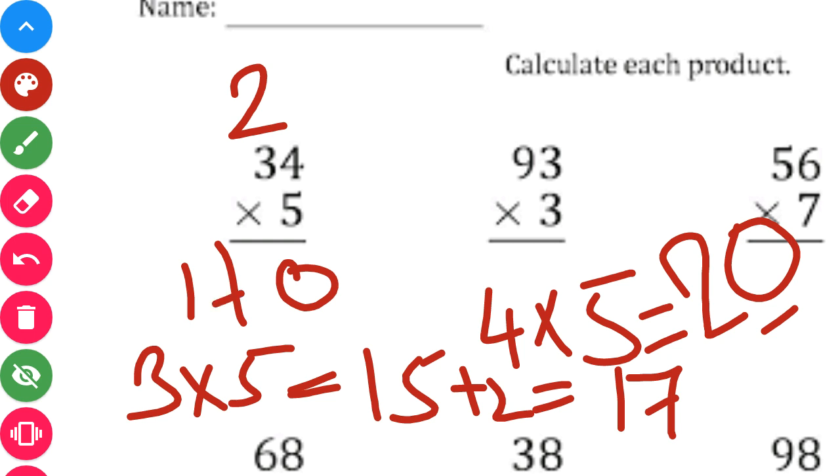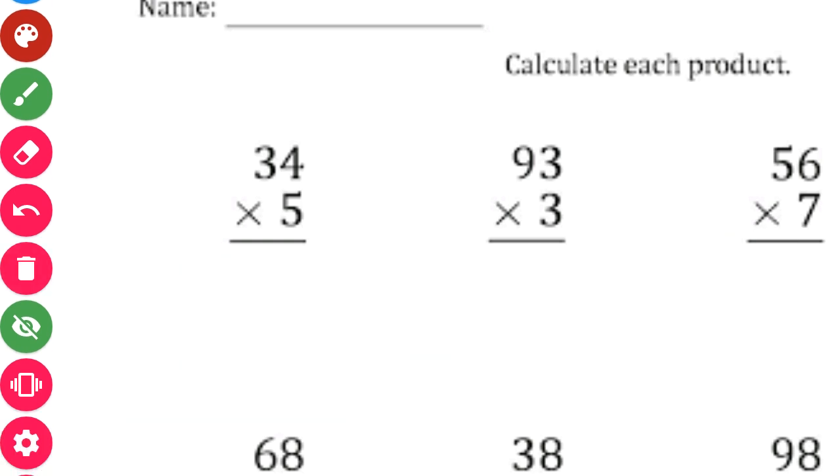So our answer for 34 into 5 will be 170. Okay. Now let us move toward the next question.